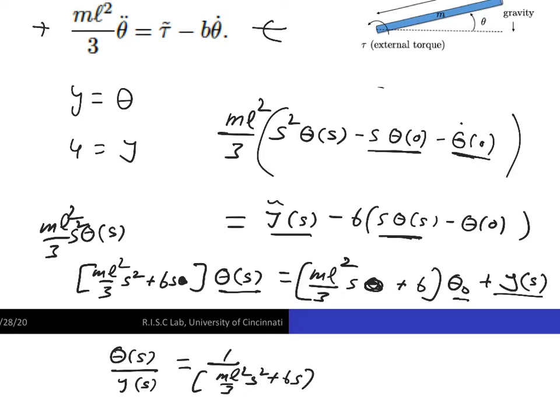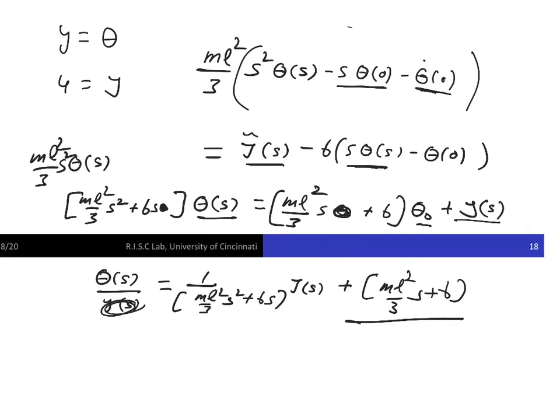And the other transfer function, or you can keep multiplying this here, just tau s here, plus there will be one with respect to theta 0, so that will be mL square by 3 s plus b over this mL square by 3 s square plus b s, into theta 0.